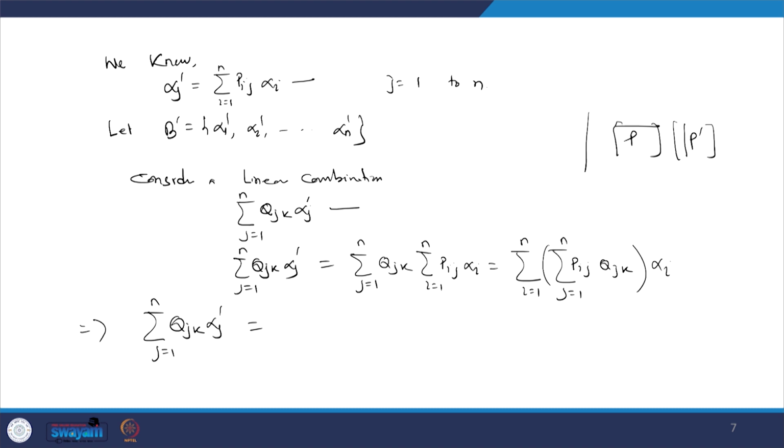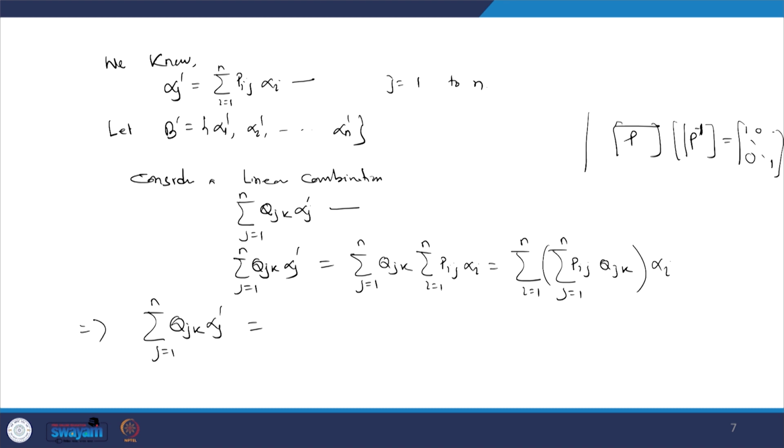Similarly, the second row multiplied with the first column will basically give me 0. Since P into P inverse is equal to the identity matrix, which is 1 0 0 like this, 1 0, definitely it has to follow like this.